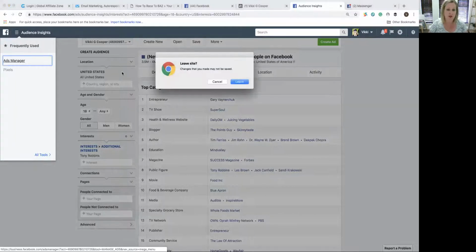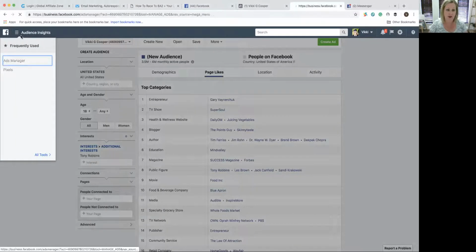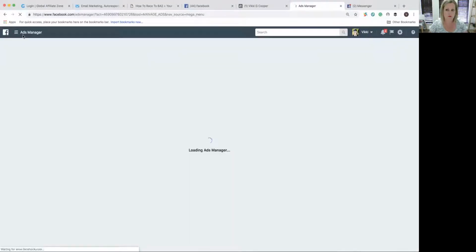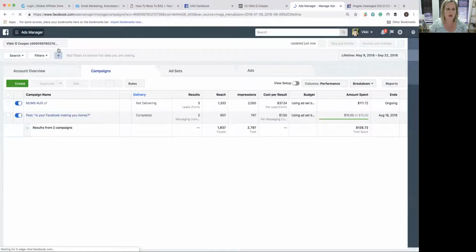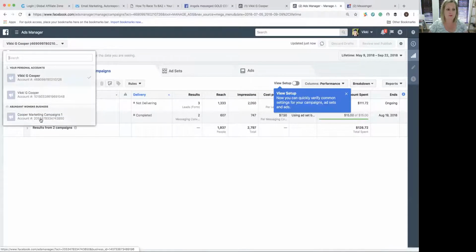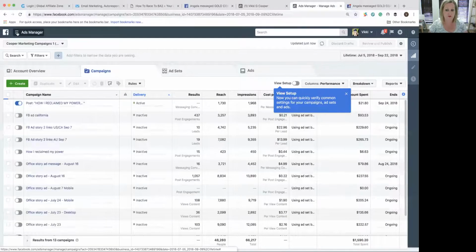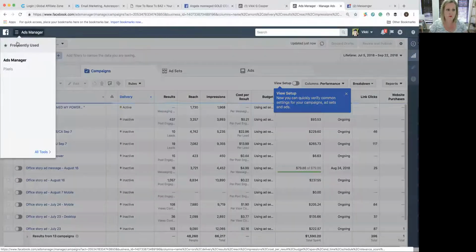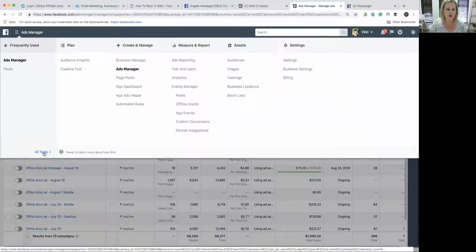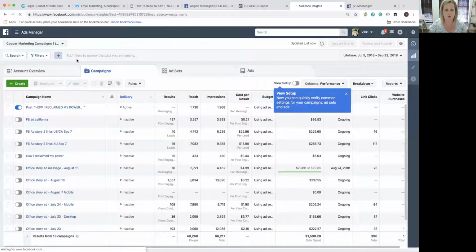You're likely to be sitting in your ad manager account, which looks like this when it loads. So if you click on the little 3 lines up here and go down the bottom to all tools and go to audience insights.